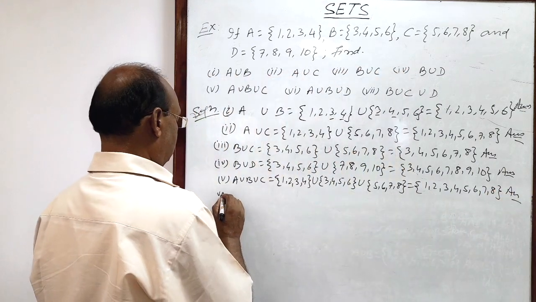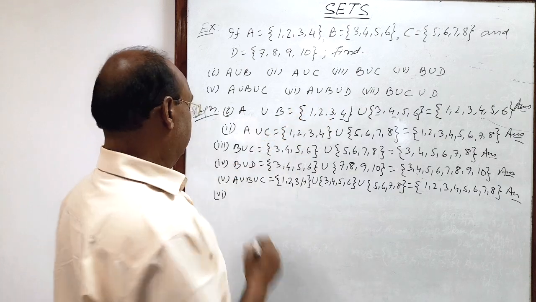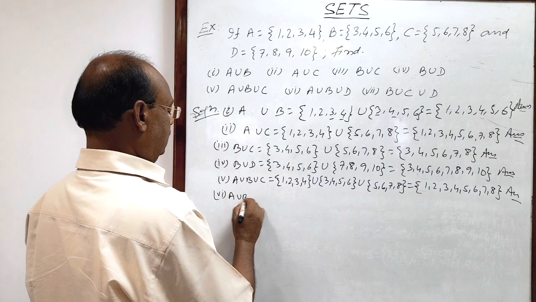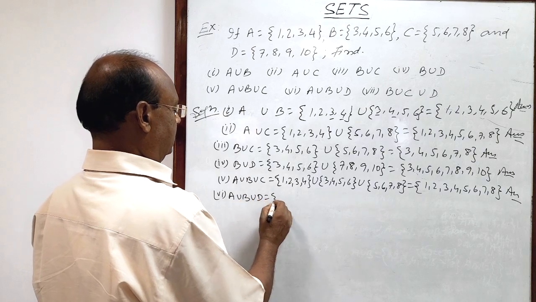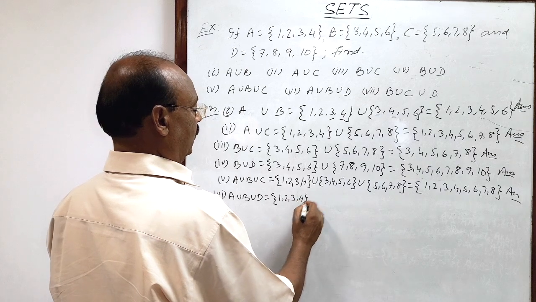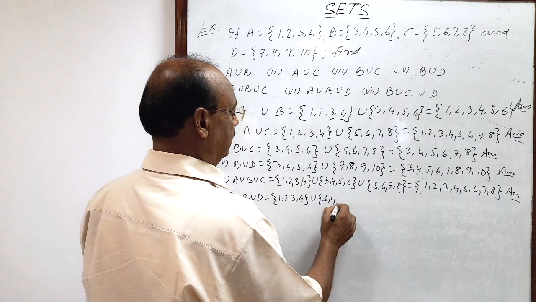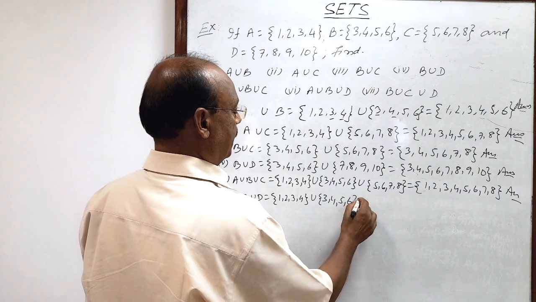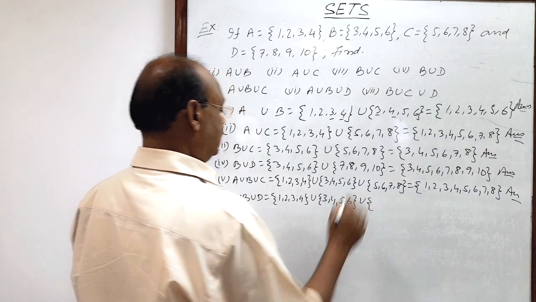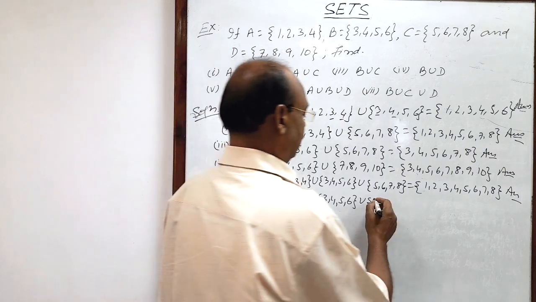Now next, sixth, A union B union D. Set A is having elements 1, 2, 3, 4, set B is having elements 3, 4, 5, 6, and set D is having elements 7, 8, 9, 10.